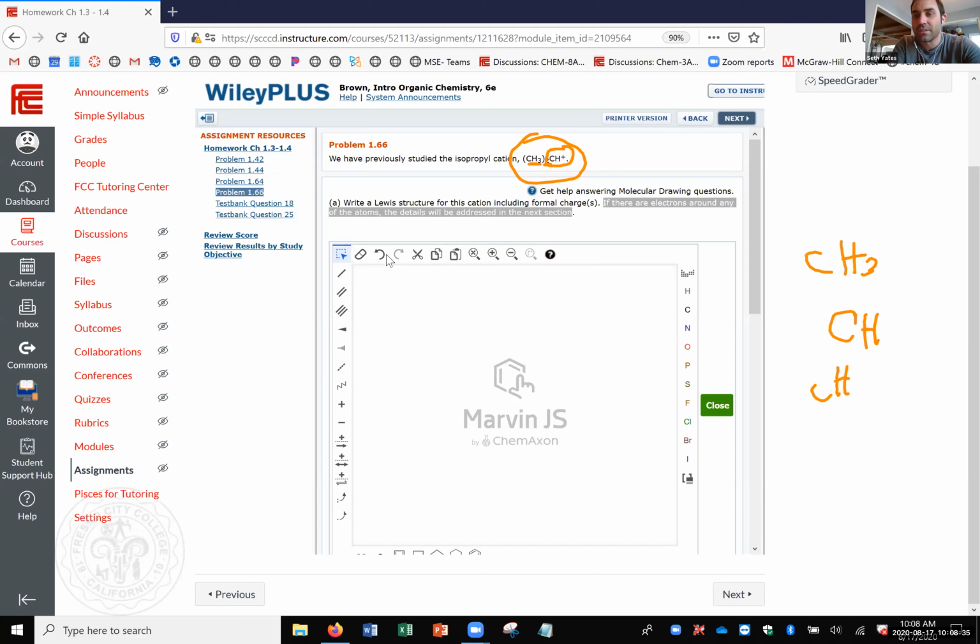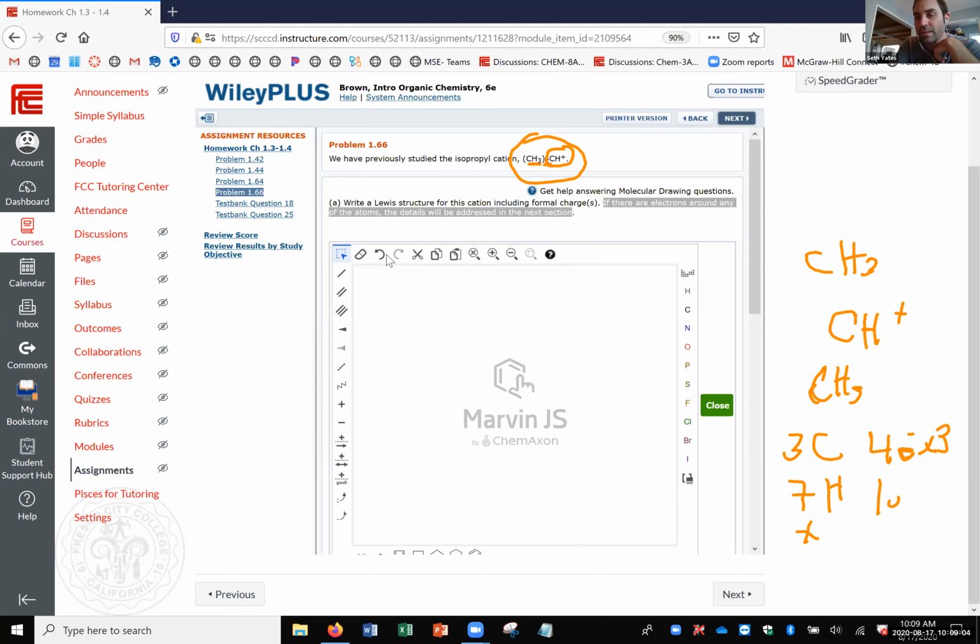If you're trying to add up how many total electrons are in this, you start with the atoms. There are 3 carbon atoms, and 1, 2, 3, 4, 5, 6, 7 hydrogen atoms, and then this whole molecule is going to have a positive charge. So carbons have 4 valence electrons times 3.